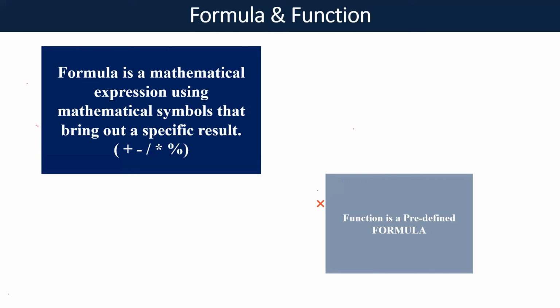We don't need to start putting 20 plus 30 plus 40 plus 50 plus. No, we don't need that. That is why functions were developed. And since the function was developed, all we need is to call the function and just put the numbers in there. The computer will add the numbers together and give us the answer. So this is what a function is all about, and that is also what a formula is all about.